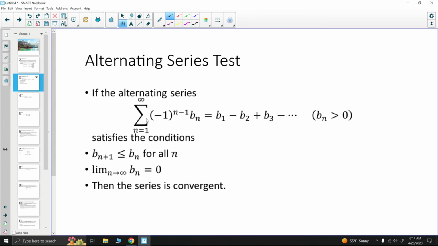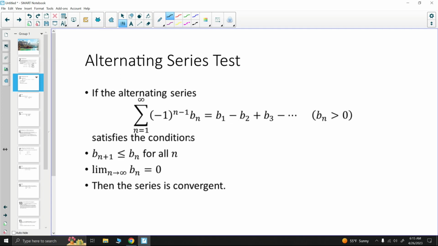It doesn't matter that this one has n minus 1. What we need to pay attention to is that we have some alternating aspect, and then we have b sub n, which is non-alternating and positive only. The alternating portion goes back and forth between positive and negative, but the b sub n portion is always positive. That's a requirement of the alternating series test.